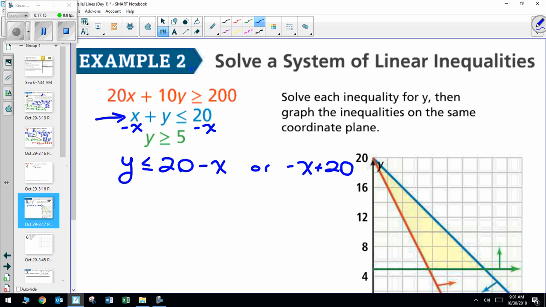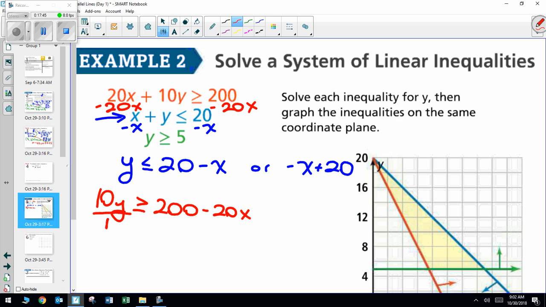And then the top one, if I want to solve that one for y, I have that extra step. First I have to subtract 20x from both sides, then I also have to divide by that coefficient. So first, I'll subtract 20x from both sides. So I get 10y is greater than or equal to 200 minus 20x, and then divide both sides by 10.